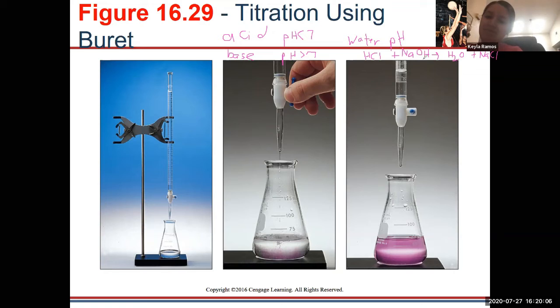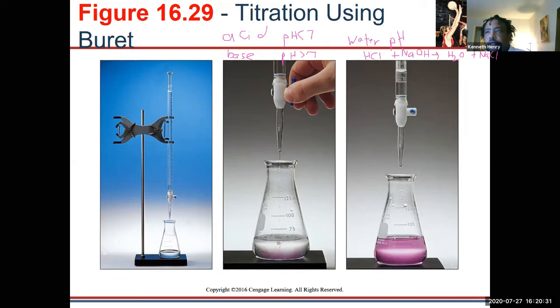Good. So once you have the same number of moles of hydrochloric acid and the same number of moles, not molarity, but moles, of sodium hydroxide, it's going to change. In this case, it would be a blue color, right? If we had used that indicator that we had that scale for.